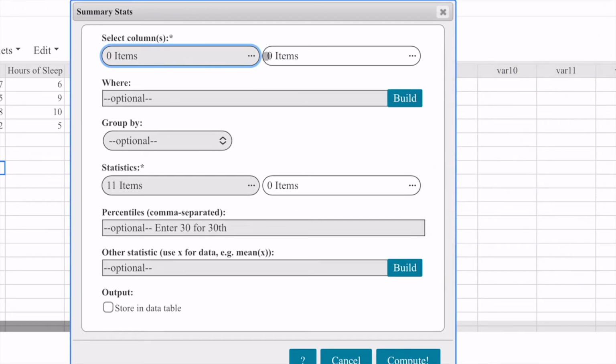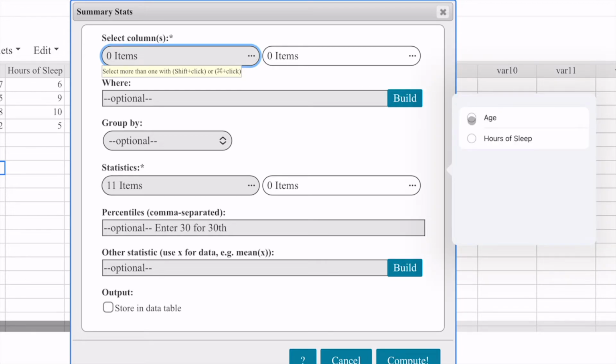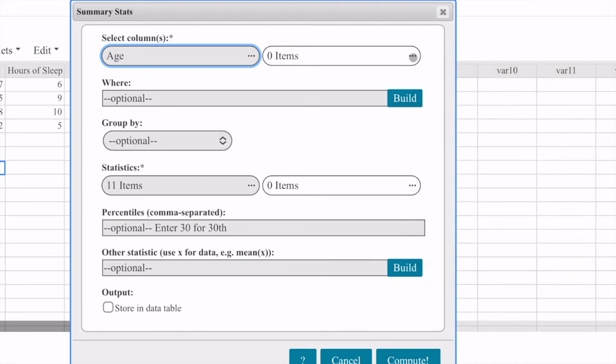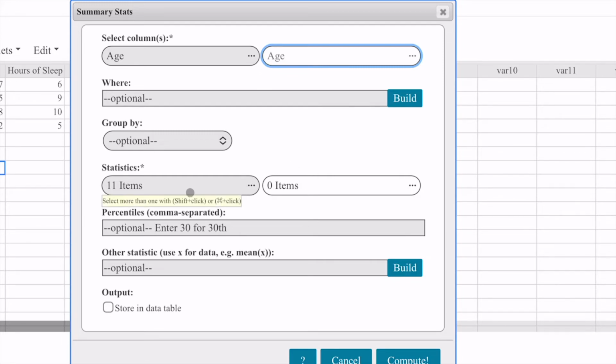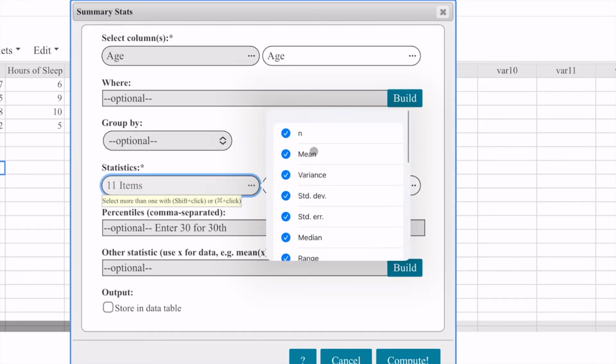We want to do this first of all for age. Let's move age over. And then what statistics do we want to calculate? We're really only interested in the mean and the standard deviation. So I'm going to uncheck these.